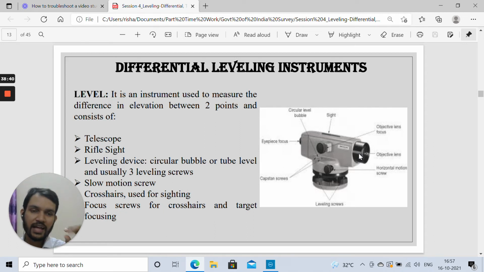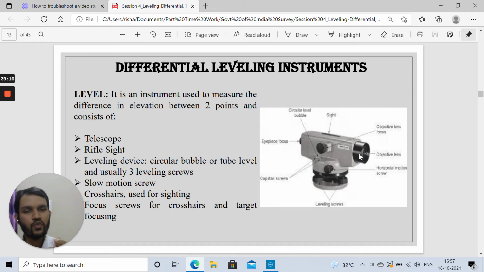Then, with the help of the horizontal motion screw, when the position of the instrument has been fixed, when you rotate this screw, the auto level will rotate either towards left or towards right, depending upon the direction in which you are rotating the screw. So this is the main objective of the horizontal motion screw, and it helps us to adjust the instrument for small level adjustments.